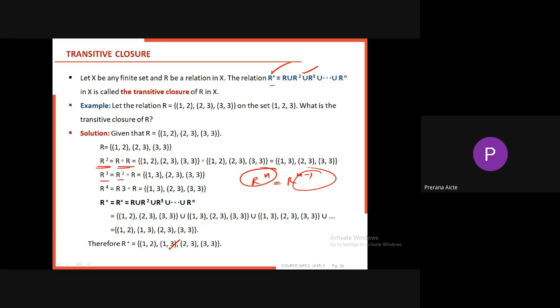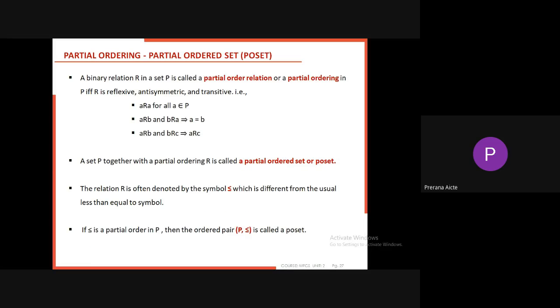Next, partial order relation, or partial order set. Any binary relation is called a partial order relation or partial ordering if it follows these three properties: the reflexive property, the antisymmetric property, and the transitive property.